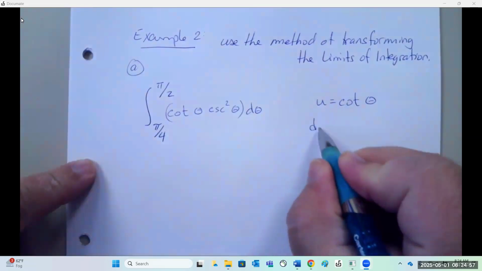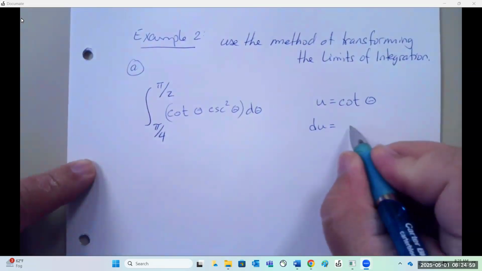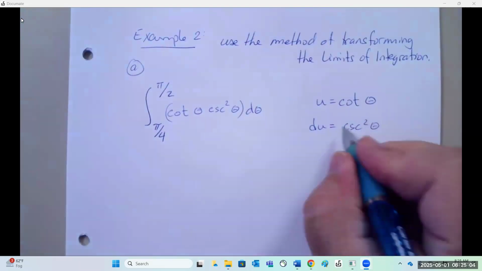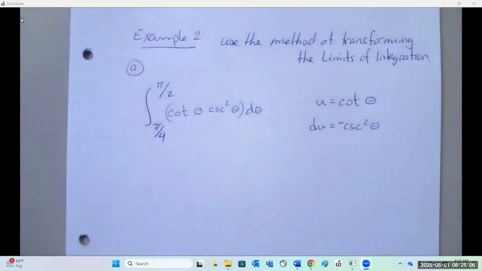Because the derivative of cotangent is cosecant squared, or negative cosecant squared. Again, that's on your cheat sheets.